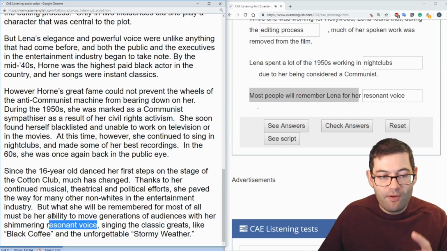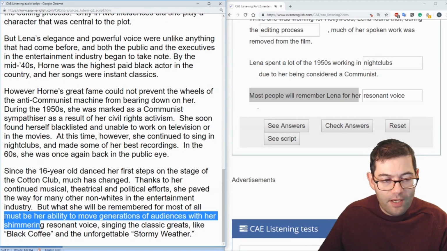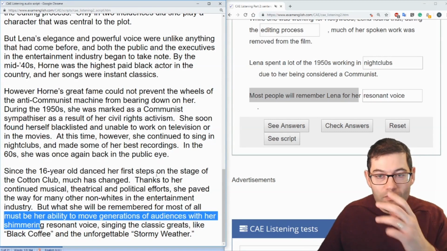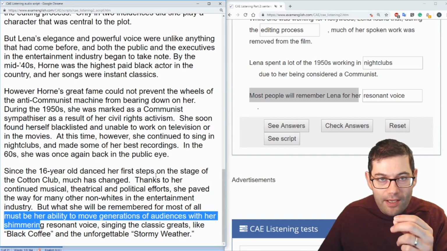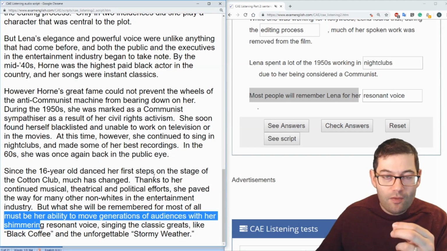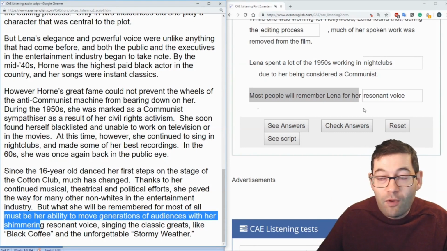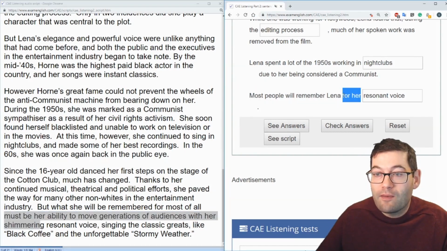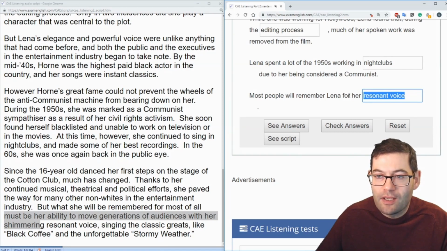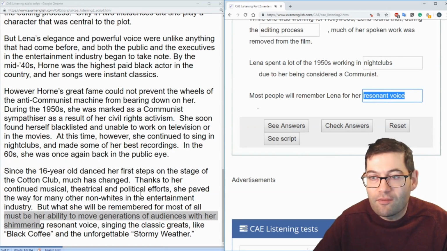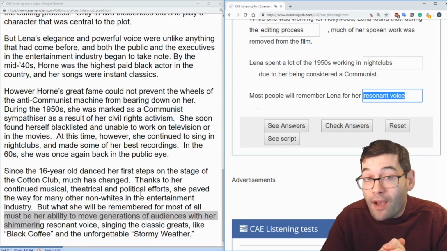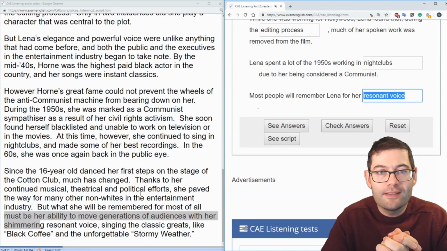So you've got that separation, which is filled in by all of this language. So once you hear those vocabulary key clues, links, you've got to keep on listening to find out what the noun is. And clearly we need a noun here, in this case an adjective plus noun, and that's why the answer is resonant voice. And there we go. That's why I think the answers are the answers.